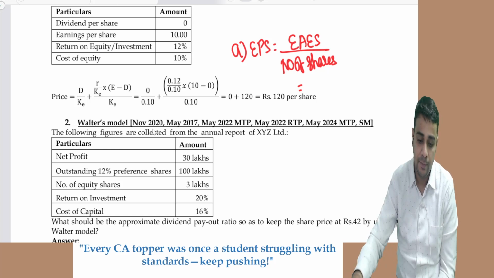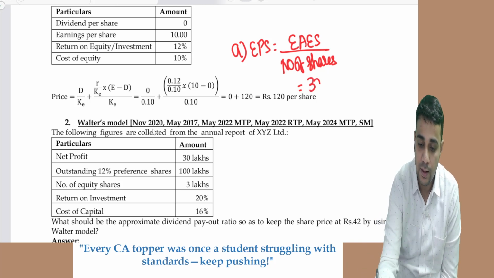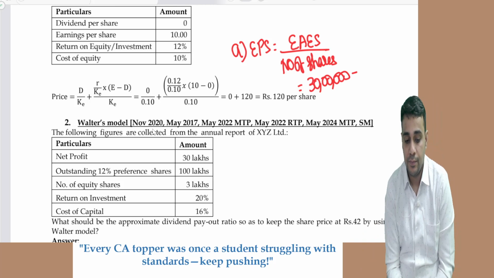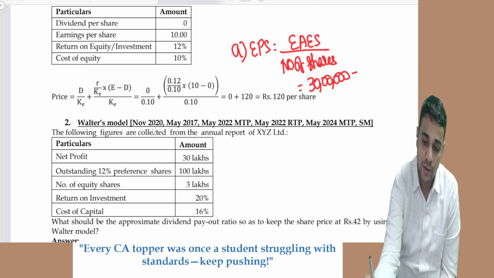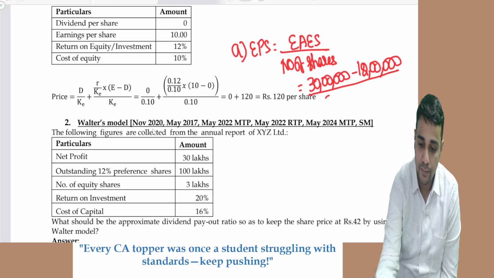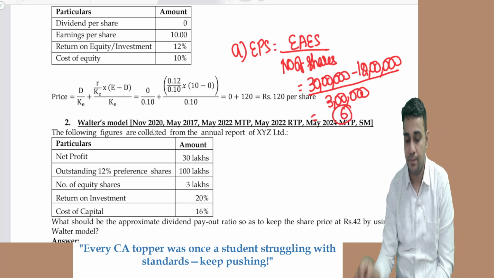What is the PAT number? How much is the net profit? 30 lakh minus preference dividend. How much the preference dividend? 12 lakh, divided by number of shares. EPS is, earnings per share is 6 rupees.